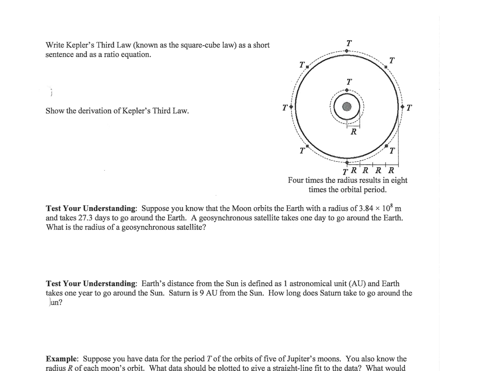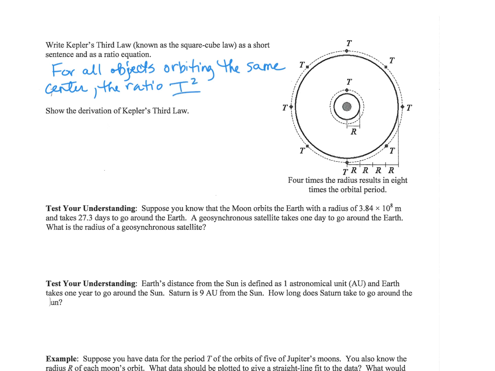What we know is that for all objects orbiting the same center, our ratio of T squared over R cubed is constant.